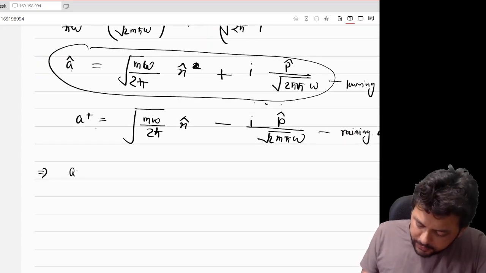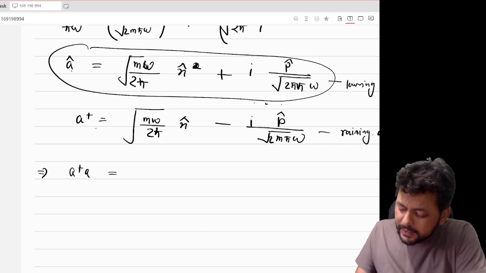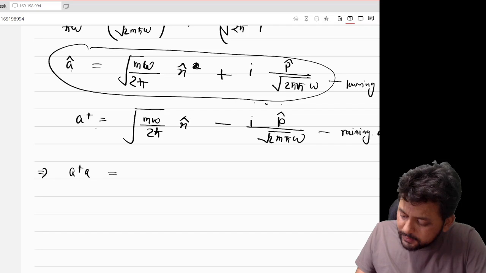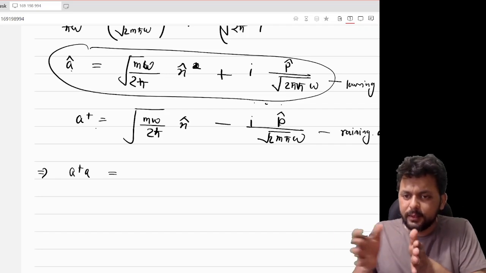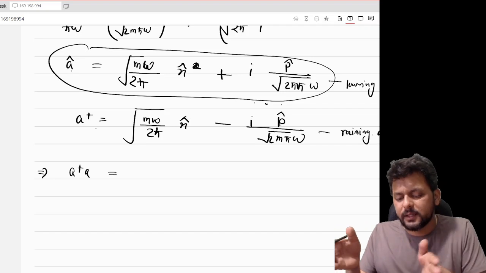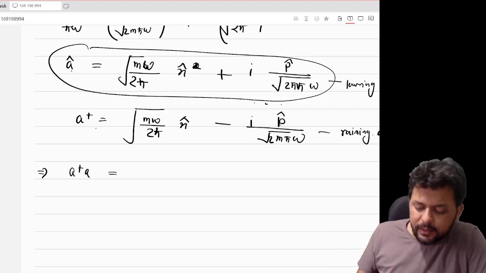So now if you find A dagger A, we have to multiply this with this, that with that. So you get xp minus px here. Okay, so you know the Poisson bracket of xp minus px, and its value is i h cut.